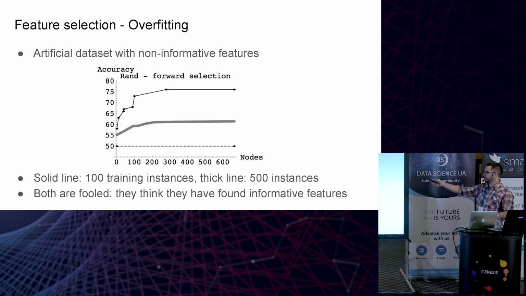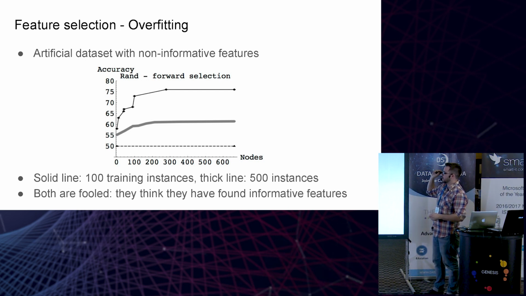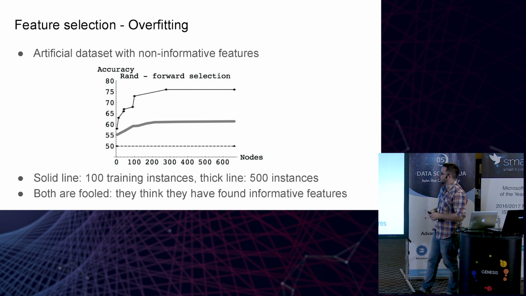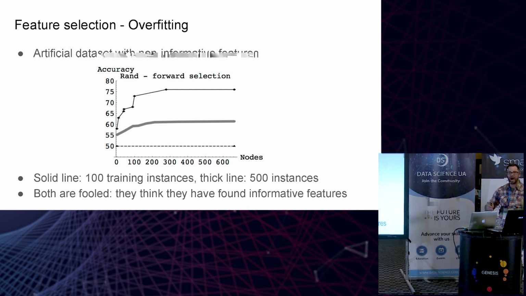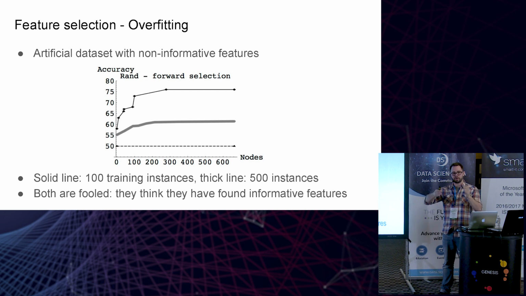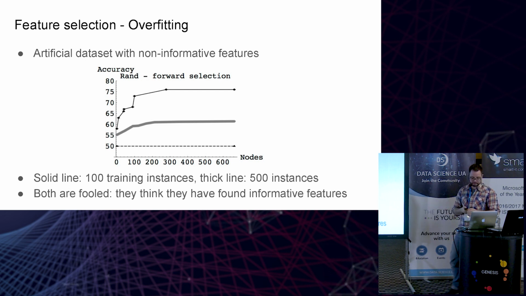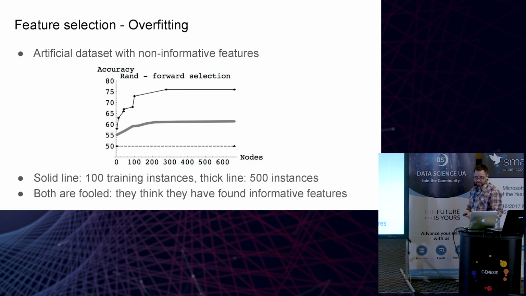For example, this is a very interesting case, also from the same paper, where these guys created an artificial data set of non-informative features. Imagine you created 100 features, all of them generated completely at random with respect to what you were trying to predict. And again, you have a very small case, maybe 20 or 30 instances.